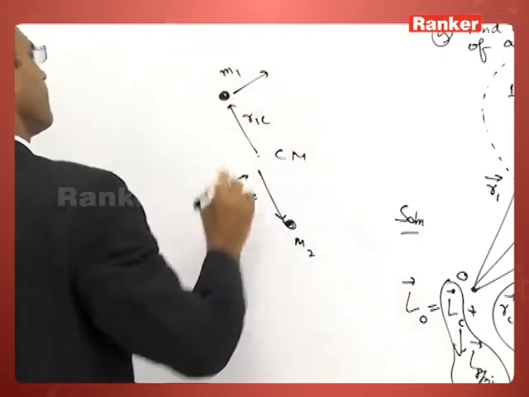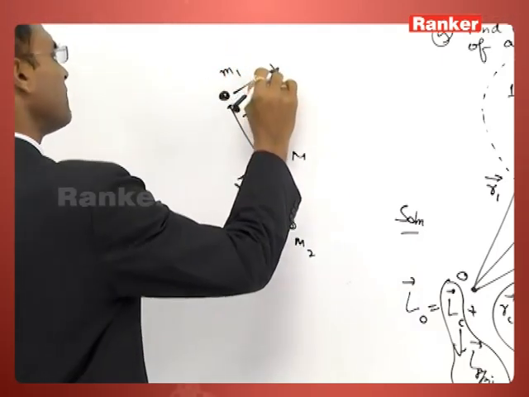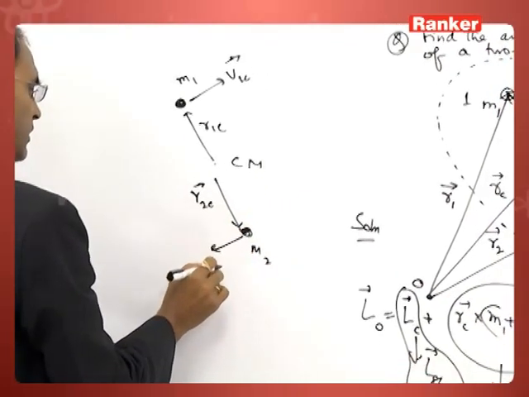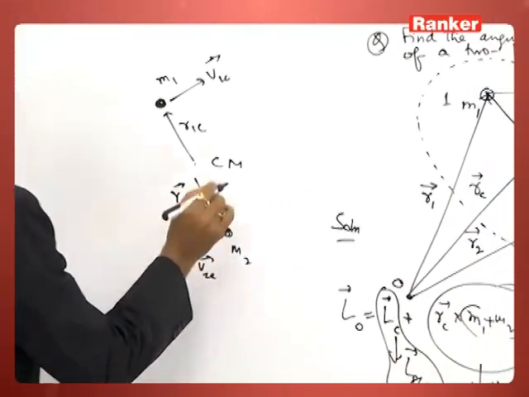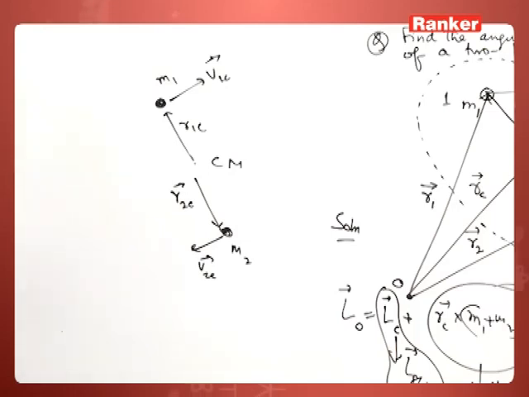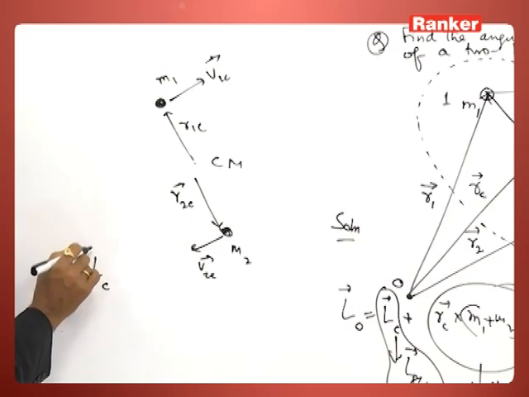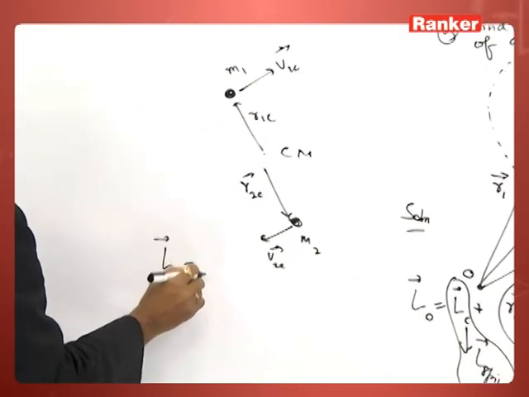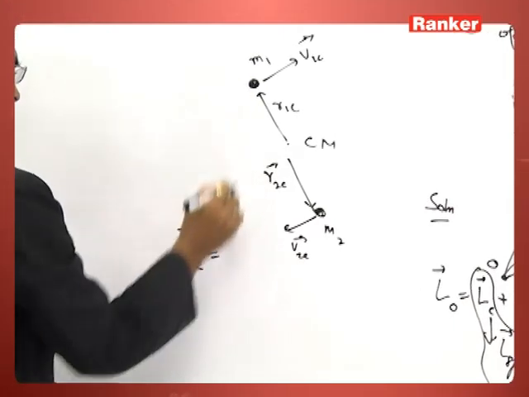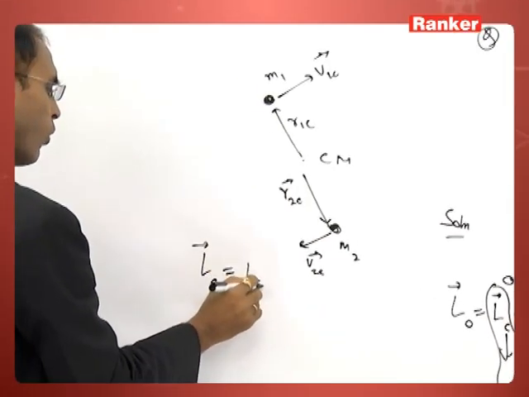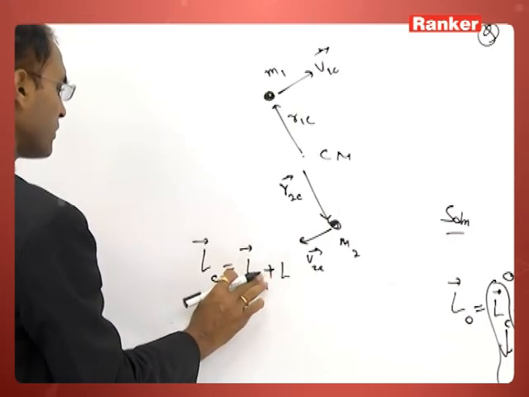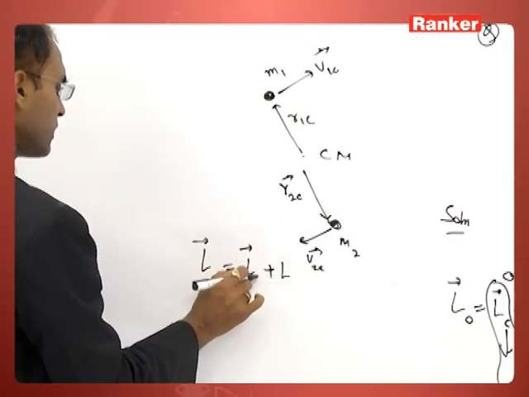Its velocity with respect to the center of mass, let be v1c, and the velocity of the second, v2c. The angular momentum of the system with respect to the center of mass will be equal to the angular momentum of the first particle with respect to the center of mass plus the angular momentum of the second particle with respect to the center of mass.